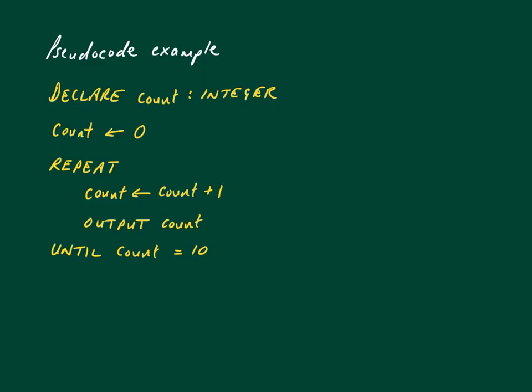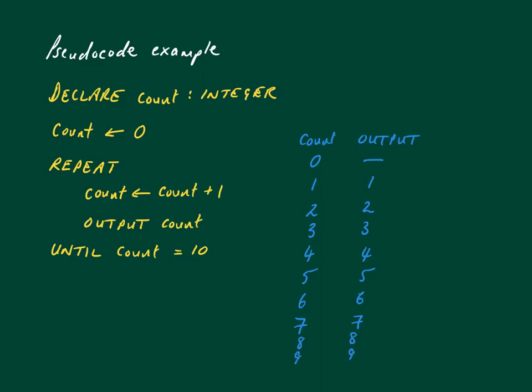So if we had a quick look at what would happen in a trace table, we would start with count being set to 0, but nothing being output, because count immediately becomes 1 inside the repeat, and then we can output 1. Count becomes 2, we output 2, then 3 and 3, 4 and 4, 5 and 5, 6 and 6, 7 and 7, 8 and 8, 9 and 9.